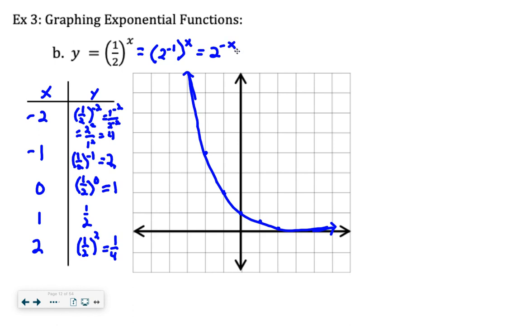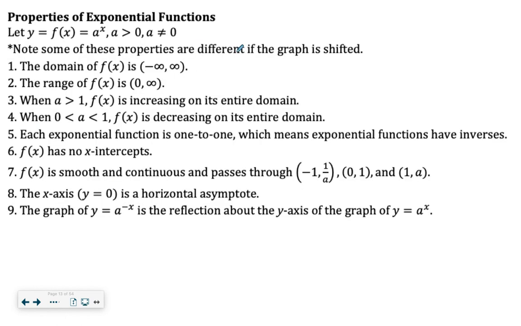Okay? Now, let's take a look at some properties of exponential functions and then also graphing them. So, if we have our exponential function with some positive base not equal to 1, now, note some of these properties are different if we shift the graph at all, and we'll talk about shifting here in a second.